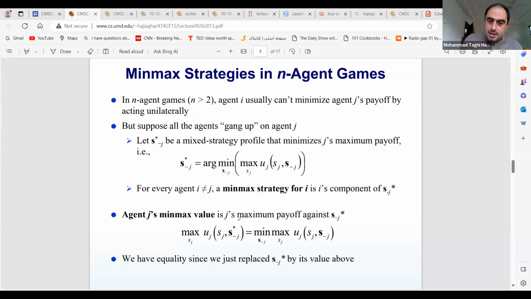Note that here we had S minus J, and here we have S minus J star. If we replace this in the formula, the strategy profile of all others than J that minimizes this, if you put a star here, is equivalent to this. Or you can simply remove this arc and you get the value. So whenever you want to get the value, just forget about the strategy and talk about the value.